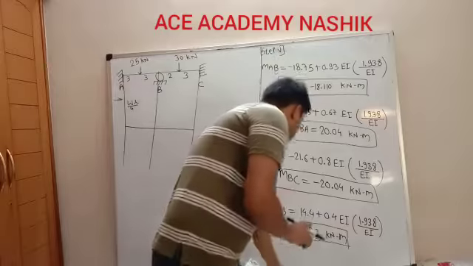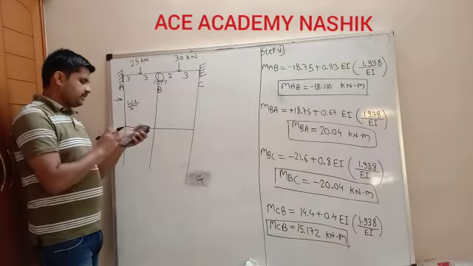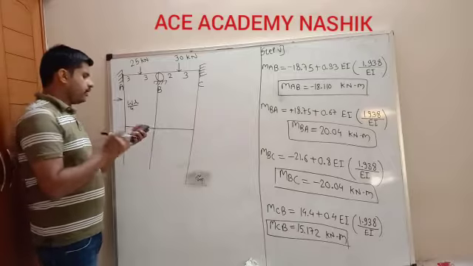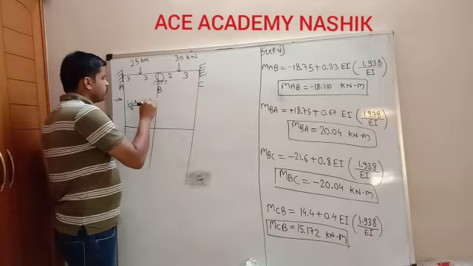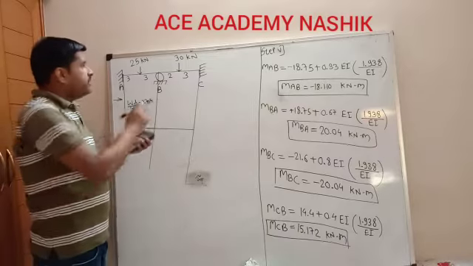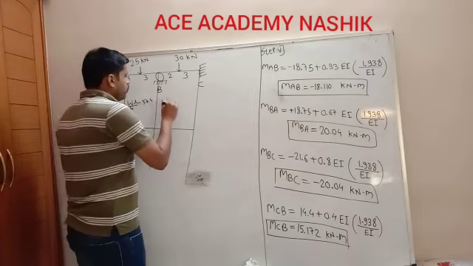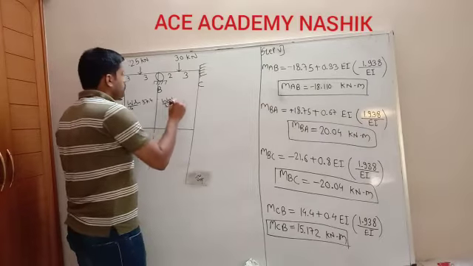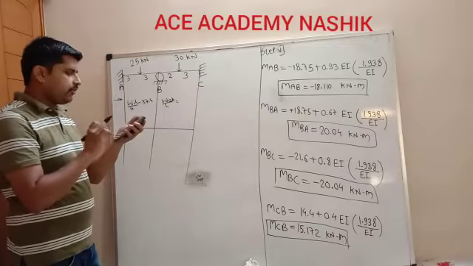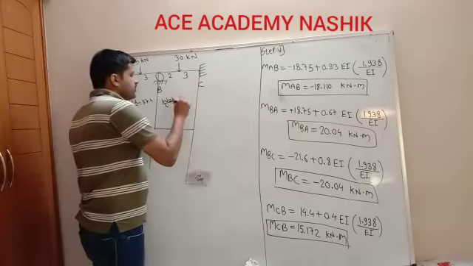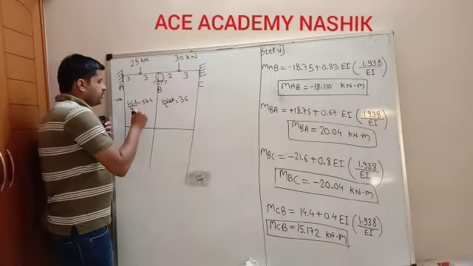W is 25, L is 6, divided by 4. It will be 37.4. Span BC contains an eccentric point load, so the formula will be W a b upon L. W is 30, a is 2, b is 3, divided by 5. We will get 36 kilonewton meter. Plot these points.